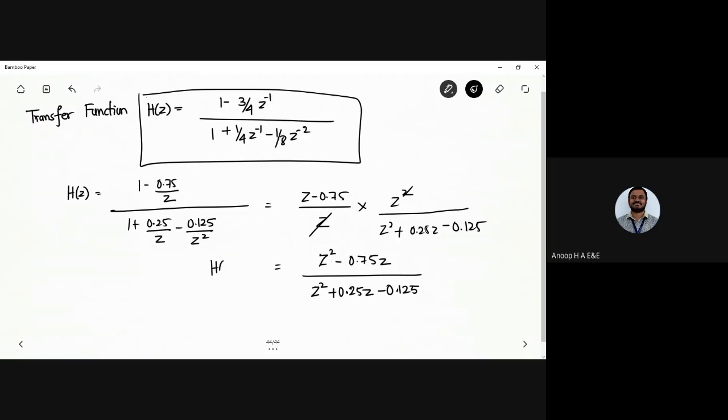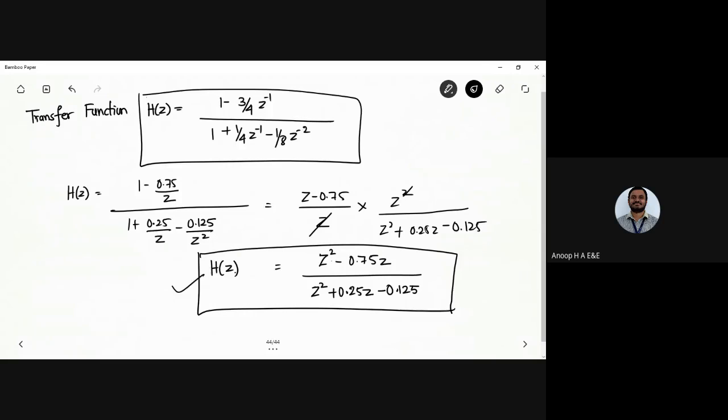That is h of z. So h of z is known to us: z squared minus 0.75 z divided by z squared plus 0.25 z minus 0.125. Now, applying the partial fraction method.